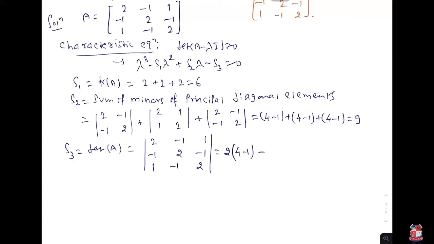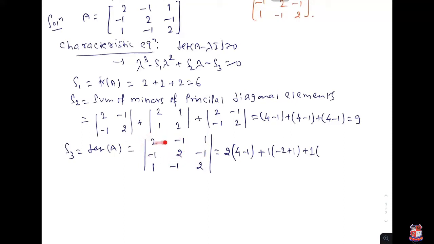Then minus the minus 1, so that is minus minus plus 1, and here these 4 elements are there, minus 1 into 2 minus 1.